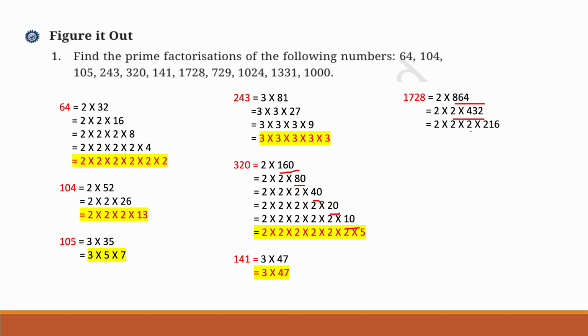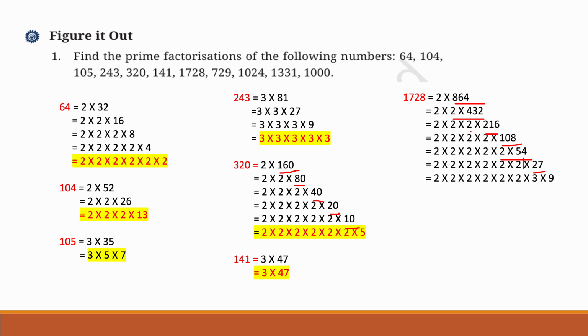We can rewrite it as 2 into 108. 108 can be written as 2 into 54. Again, 54 can be written as 2 into 27. Then 27 can be written as 3 into 9. 9 can be written as 3 into 3. So this is the prime factorization of 1728.